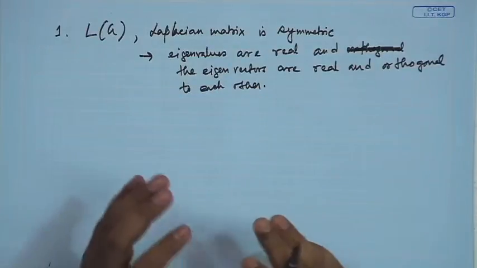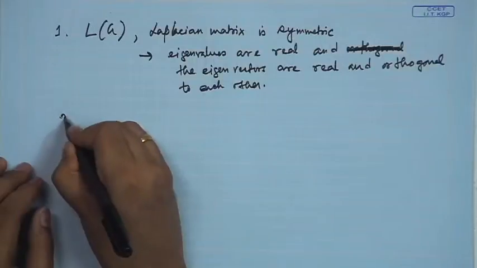So, basically since LG is a symmetric matrix, because the graph G is an undirected graph, that is our assumption to start off with. So, since we assume that graph G is an undirected graph, we have an LG matrix which is symmetric, and therefore all the eigenvalues are real and the eigenvectors are real and orthogonal, that is perpendicular to each other. The vectors are perpendicular to each other in the vector space. Okay. So, that is the first property.